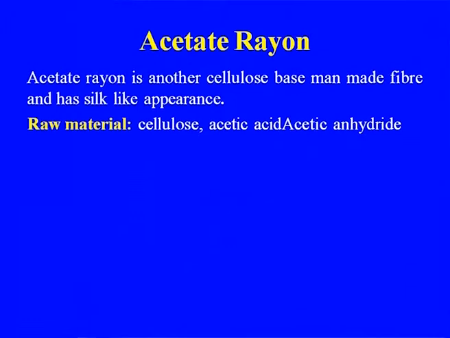The raw material is cellulose, acetic acid, acetic anhydride. Again the acetic acid or acetic anhydride can be from the alcohol route or it may be from the petrochemical route.